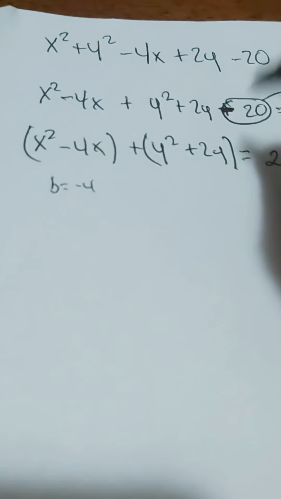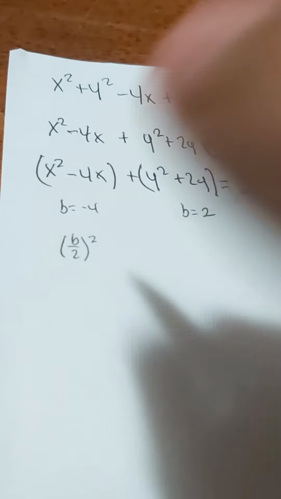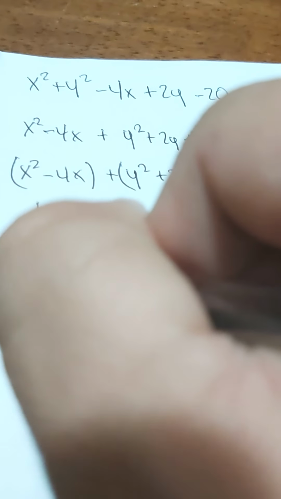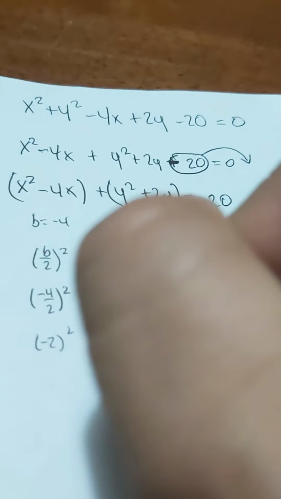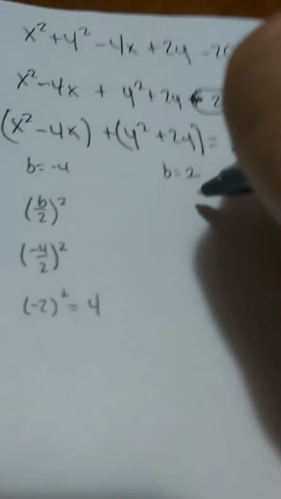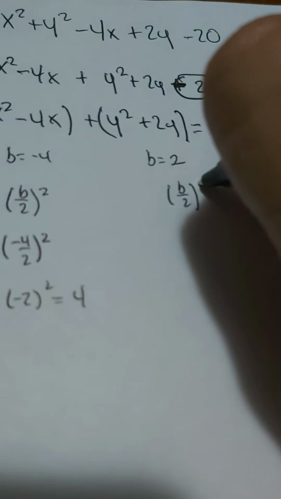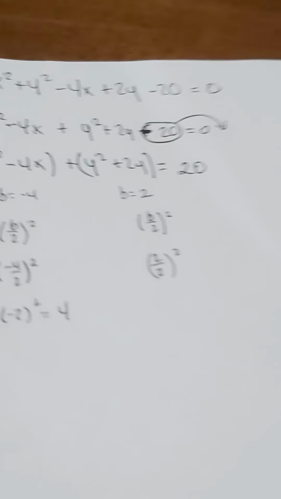Here b equals negative 4, and here b equals 2. So we have to find half of b squared. That's negative 4 divided by 2 squared. That's negative 2 squared equals 4. Here we have b half squared, that means 2 divided by 2 squared.